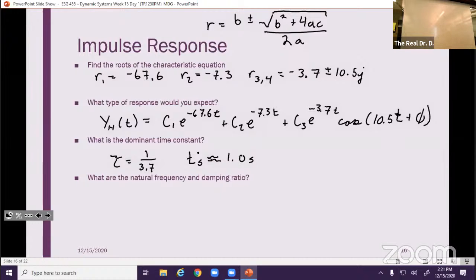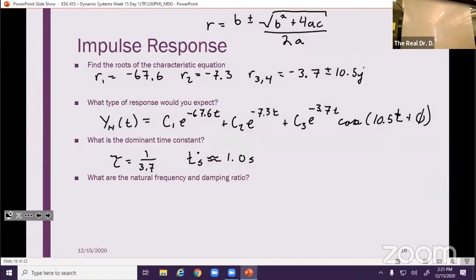Well, I know this is the dominant time constant, so I'm going to use the portion of my roots that's associated with it. How do I do that? We go back to the characteristic equation that we got these roots from, and we see which second order term gave us those roots.